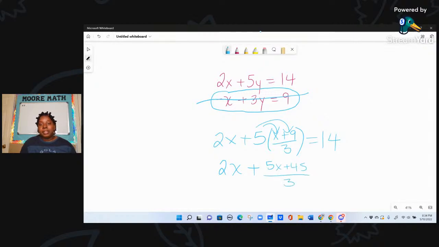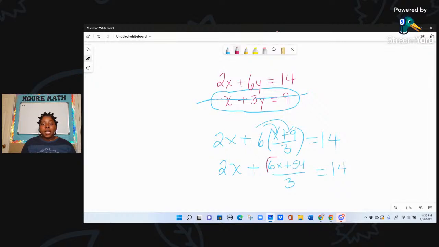Divided by 3 equals 14. Maybe if I do 6y, let's do that. That'll make it look a little bit less scary for you. Give me one second. I'm going to make it a little bit prettier since you're having a tough time with this. You can put it as 6x plus 54 over 3, and then divide each of these terms by 3.